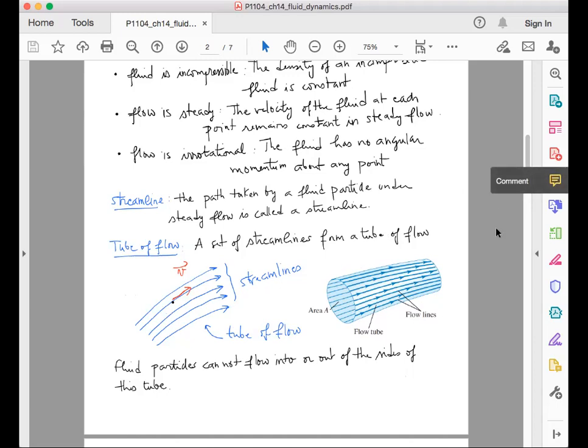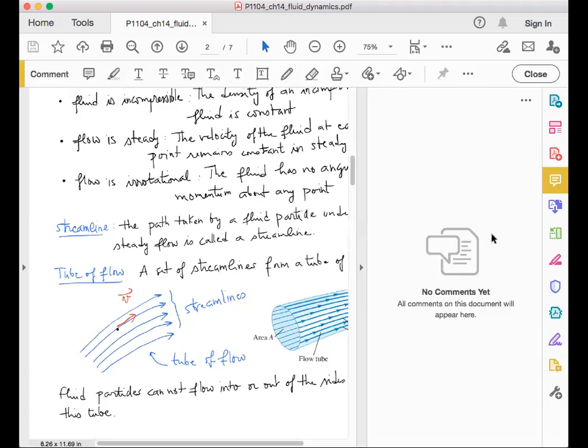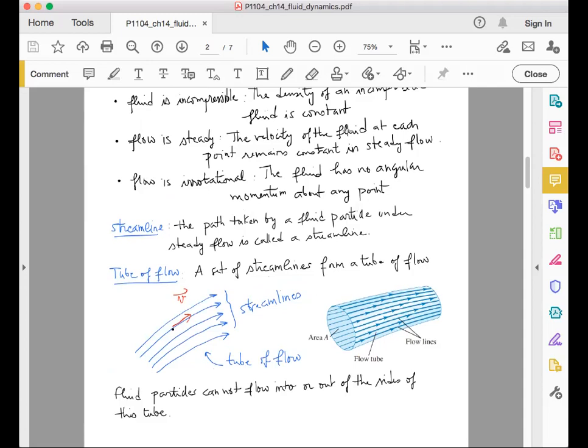This is very important in the case of a steady flow, because it means that the mass of the liquid, the amount of the liquid, is unchanged as long as this fluid is moving.